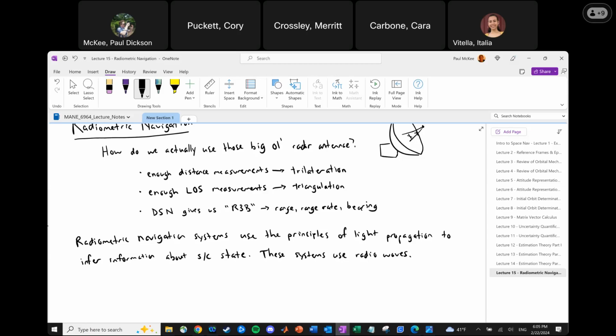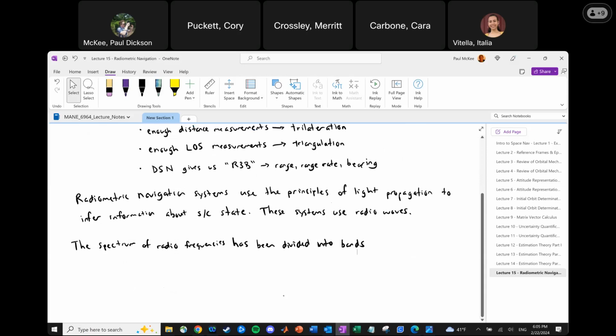So the spectrum of radio frequencies has been divided into bands. So we will discuss the IEEE radar frequency standard.